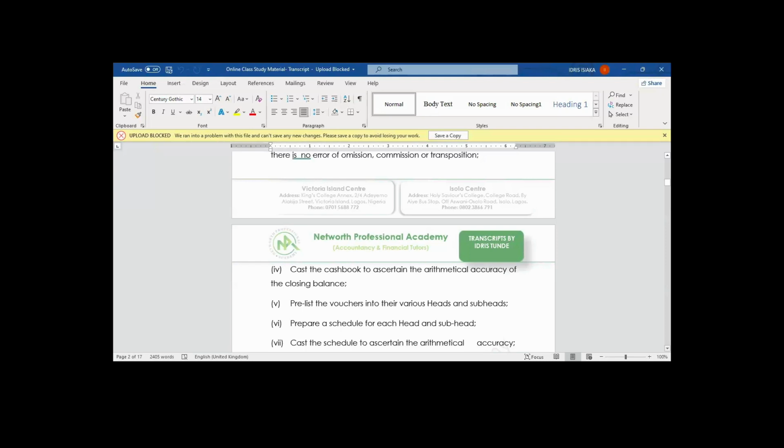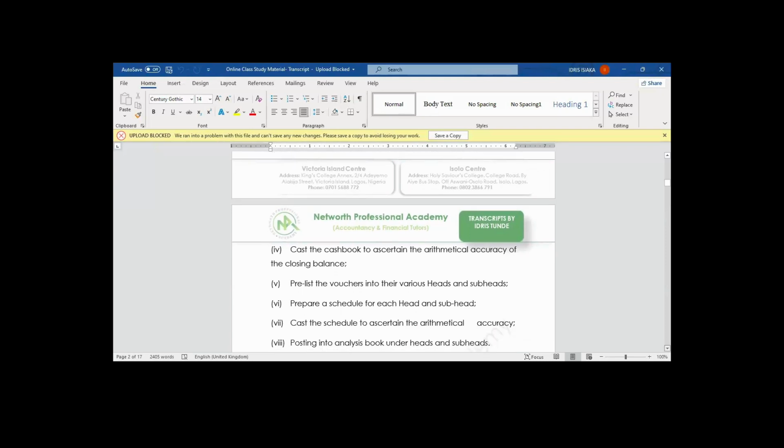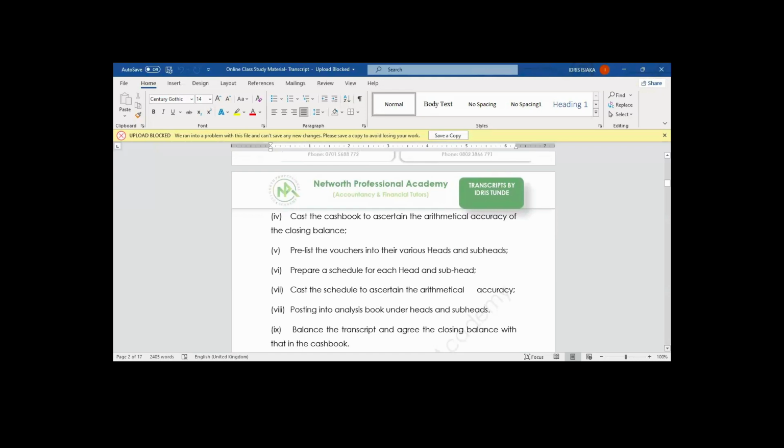After you cast the cash book, you separate the vouchers into various heads and sub-heads. In public sector accounting, we have heads, we have sub-heads. Head means items of revenue and expenditure that can be traced direct into the budget.